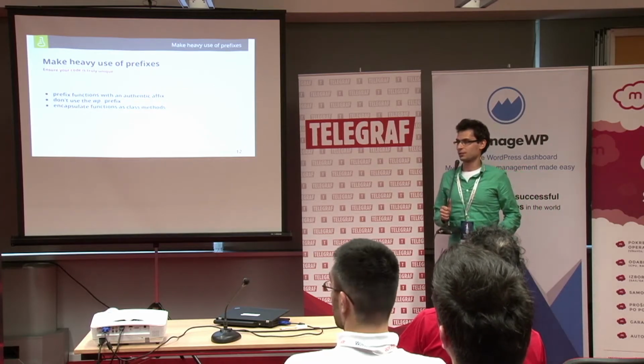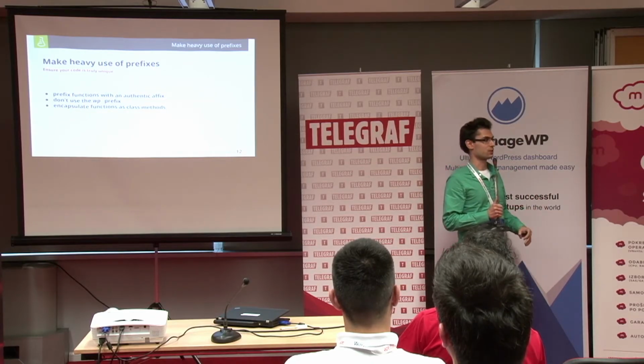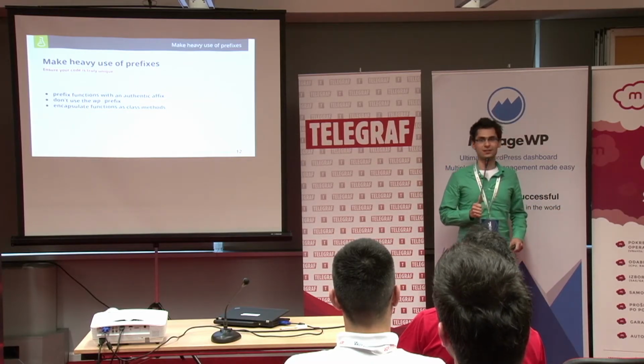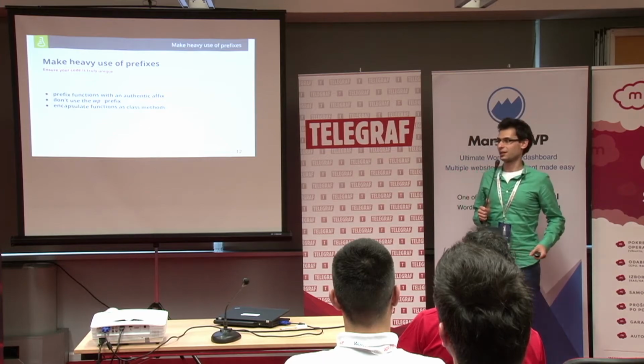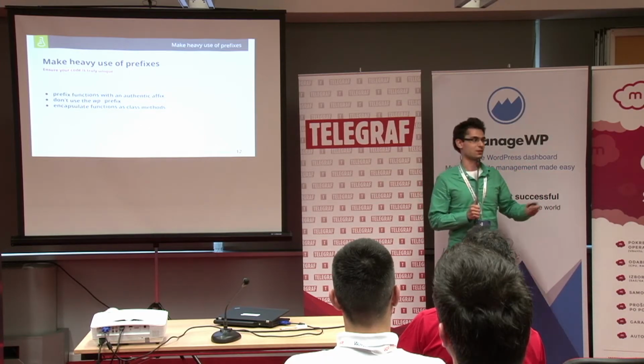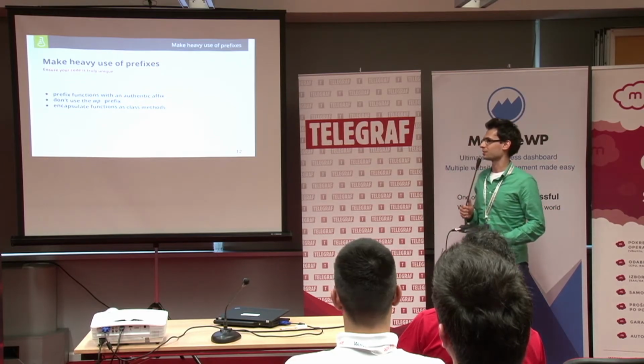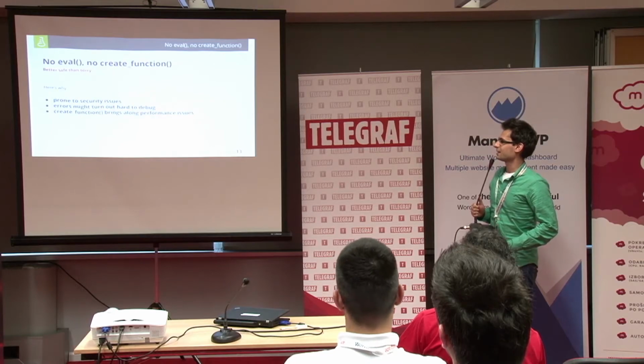Of course, a good practice would be to put all your functions inside a class and then instantiate your class using a global variable, and then you just have to make sure that the class and the global variable are very well prefixed to make them unique.